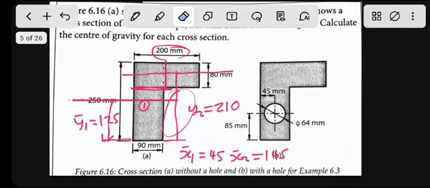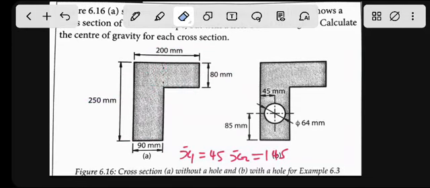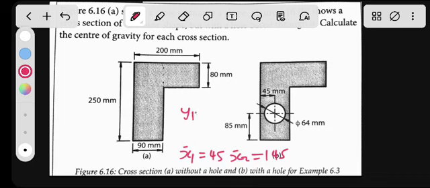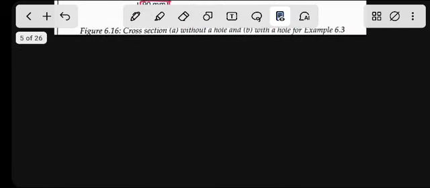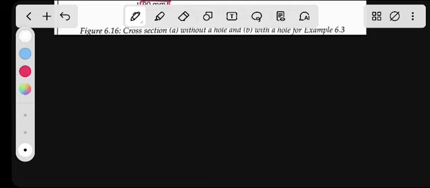Now we have y1 and y2, 125 and 210. Next we have to find the areas of our objects.